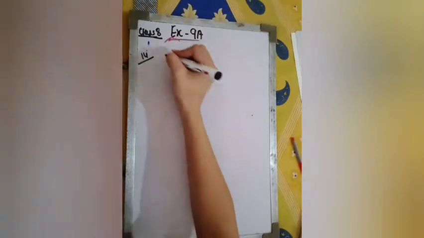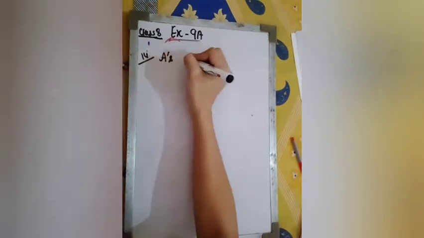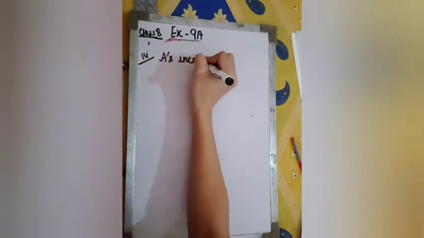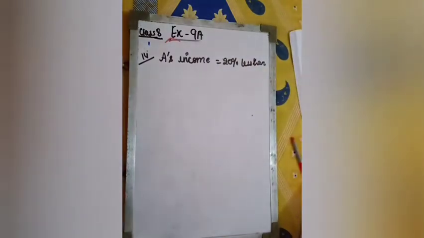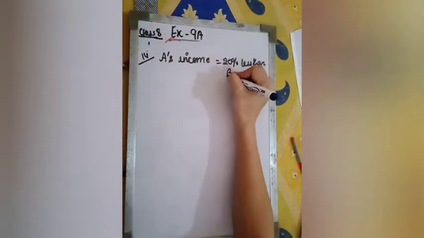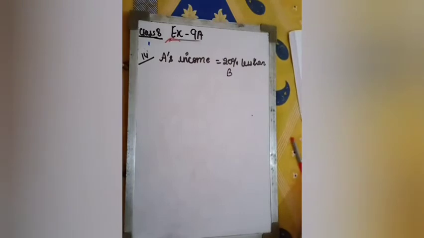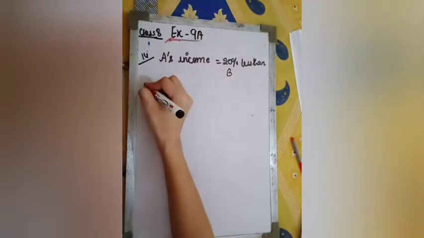A's income is 20% less than B. What percent of B's income is more than A? तो B की income A से कितना ज़्यादा? Now students, see question number 14.